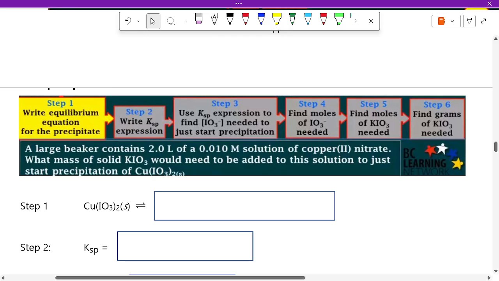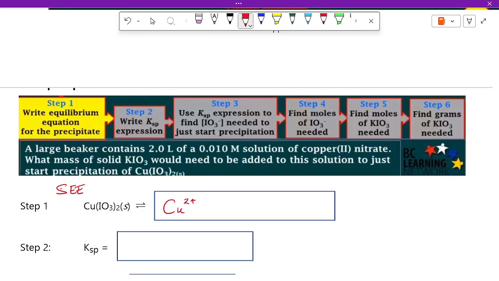Let's write our solubility equilibrium equation. Cu(IO3)2 solid in equilibrium with Cu2+ plus 2 IO3- aqueous.